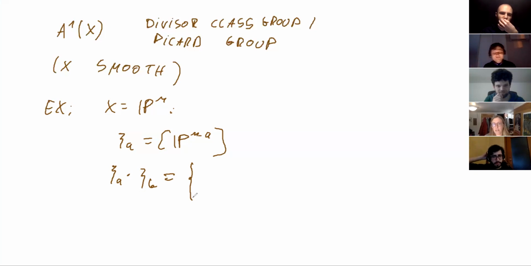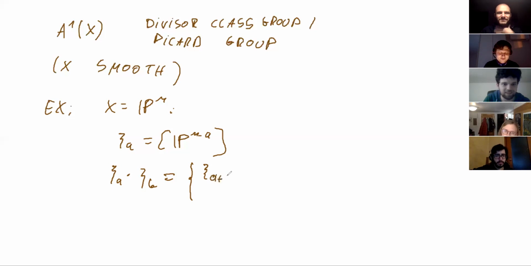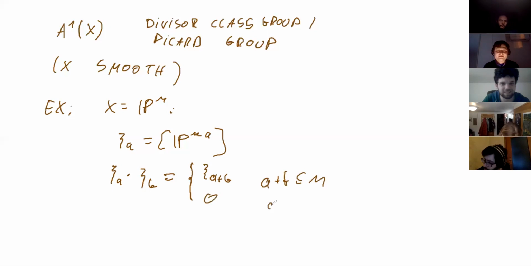So what will happen if I intersect something of codimension A with something of codimension B? I will get something of, well, some people are writing, I hope they are writing A plus B, which is almost correct. We need the assumption that they intersect at all. So A plus B is less than or equal to N, and 0 if it's bigger.